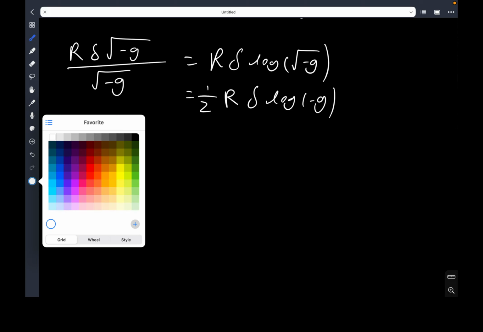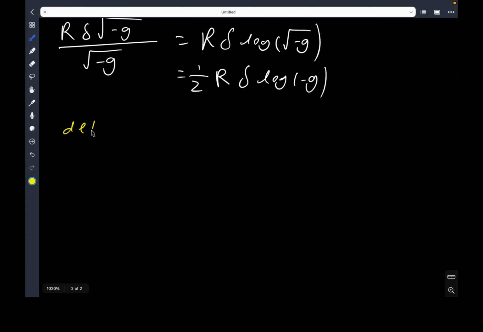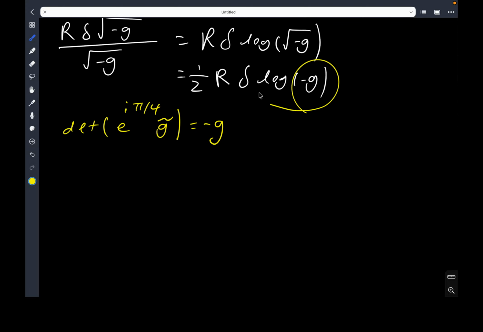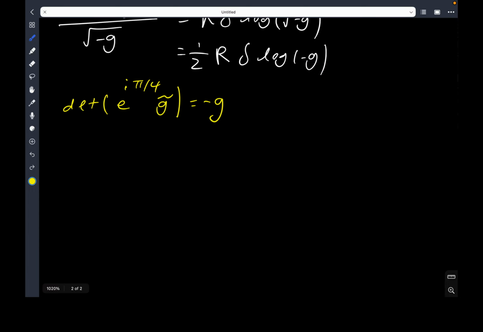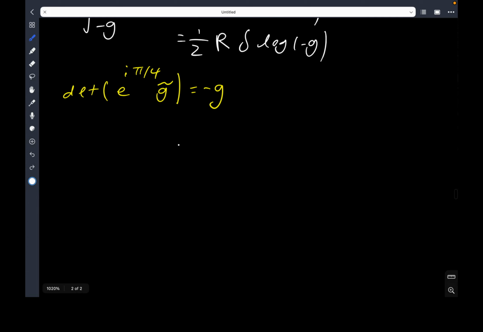So here I'm going to use a trick. We can say that the determinant of the metric tensor of e to the i pi over 4 g hat, which is the metric tensor, is equal to negative g, which is the thing that we have here. So the e to the i pi over 4, that is where the negative comes from. So I'm gonna write this again.